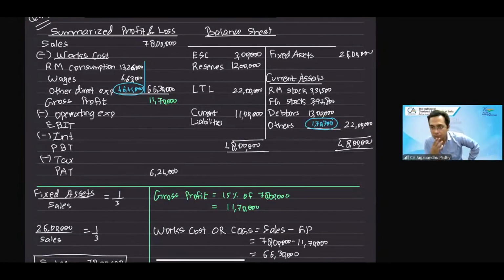Why did we not do what we usually do in works cost, opening stock of raw materials, then minus closing stock of raw materials? We don't have information of opening stock of raw material. Only closing stock is available.